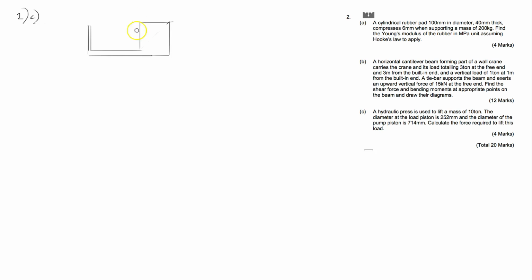And from our formula sheet, we know that Pascal's principle says that F1 over A1 is equal to F2 over A2. So the force exerted here will be F1 and F2, and assume these pistons tend to be cylindrical.